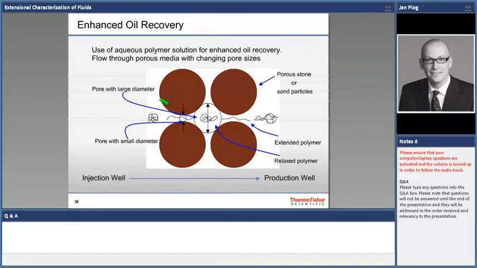Okay, it's extended when it goes through the pore. You go from a large diameter laminar flow field to a small diameter laminar flow field, and during this transition between the laminar flow fields, you have flow instabilities, Taylor vortices, that will then actually tear the polymer coil apart.